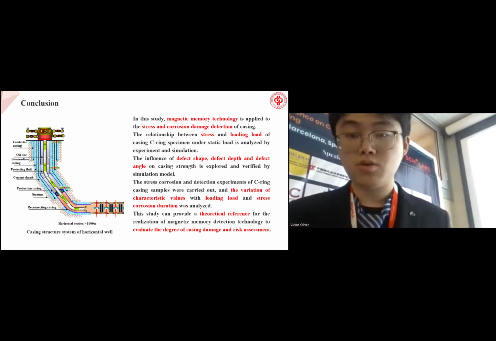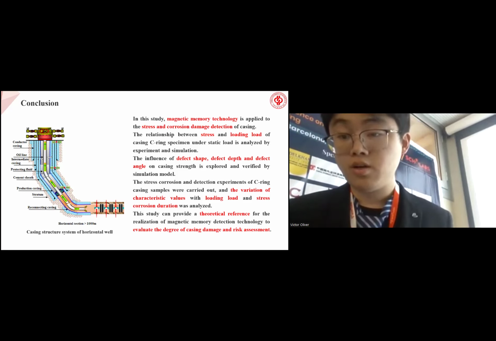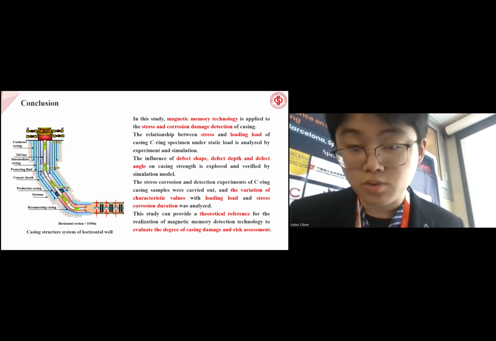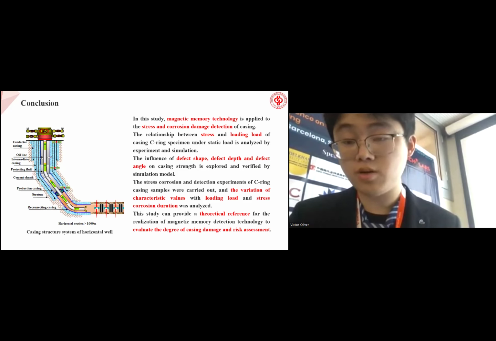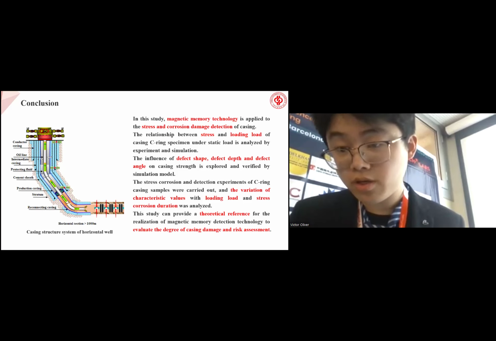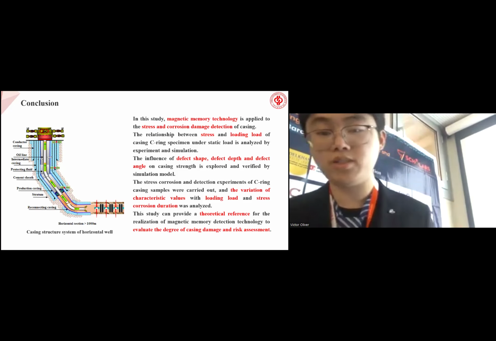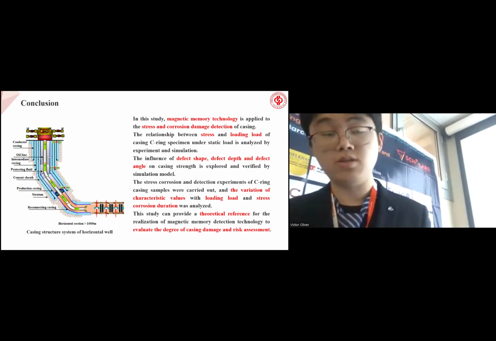The stress corrosion and detection experiments of casing samples were carried out, and the variation of characteristics with loading loads and the stress corrosion duration was assessed. Studies can provide theoretical references for the magnetic memory detection technology to evaluate the degrees of casing damage and risk assessment.